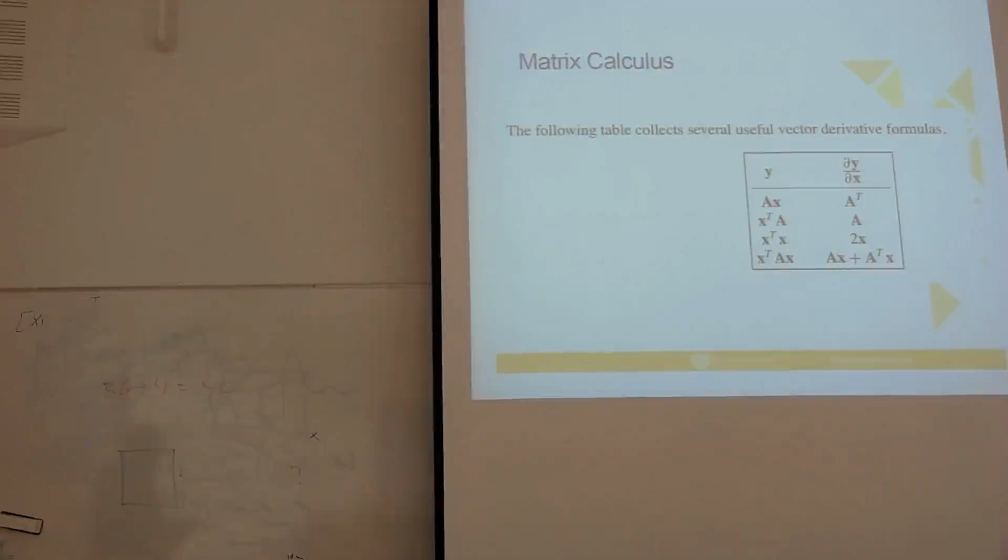So you can see, for example, if I give a matrix A times a vector X, and you want to differentiate with respect to X, this will be A transpose. If it is X transpose times A, it will be A. For X transpose times X, the differentiation, you can see that it is equal to 2X, and so on.